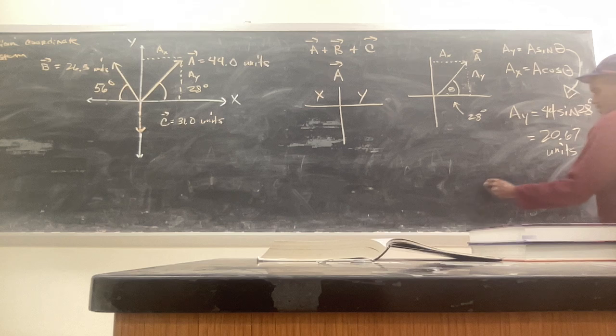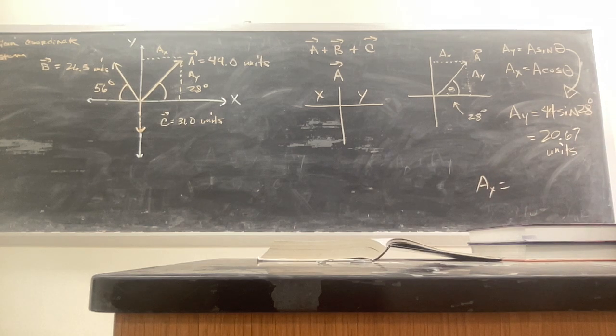Now for the x component. What is it? 44 cosine 28 degrees. And what's that? 38.85 units.